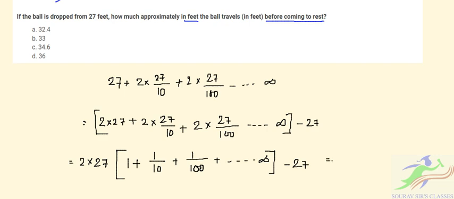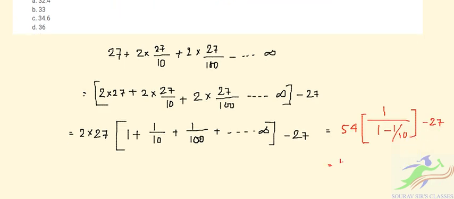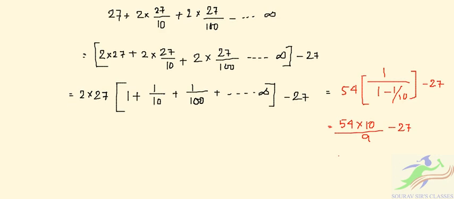27 into 2 is 54. This series can be written as 1 by 1 minus 1 by 10, minus 27. So we have 54 into 10 by 9 minus 27. That is 60 minus 27, so it will be 33 feet.